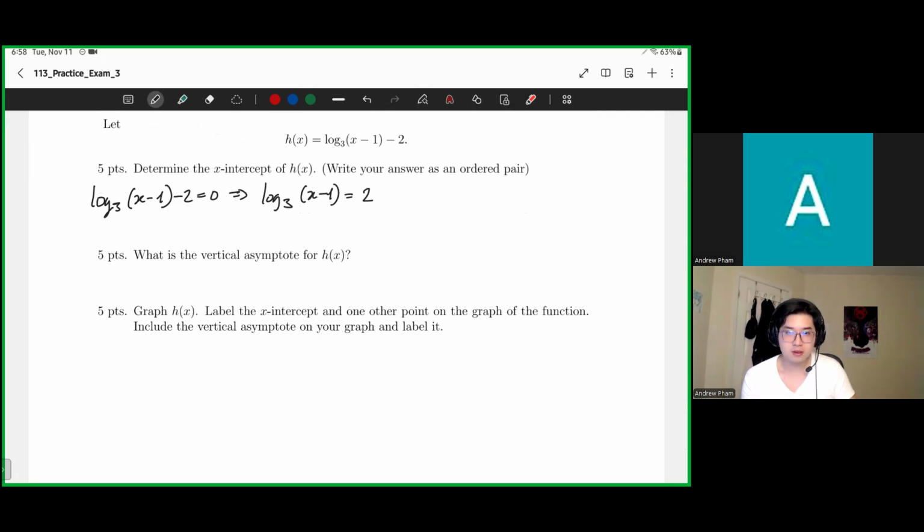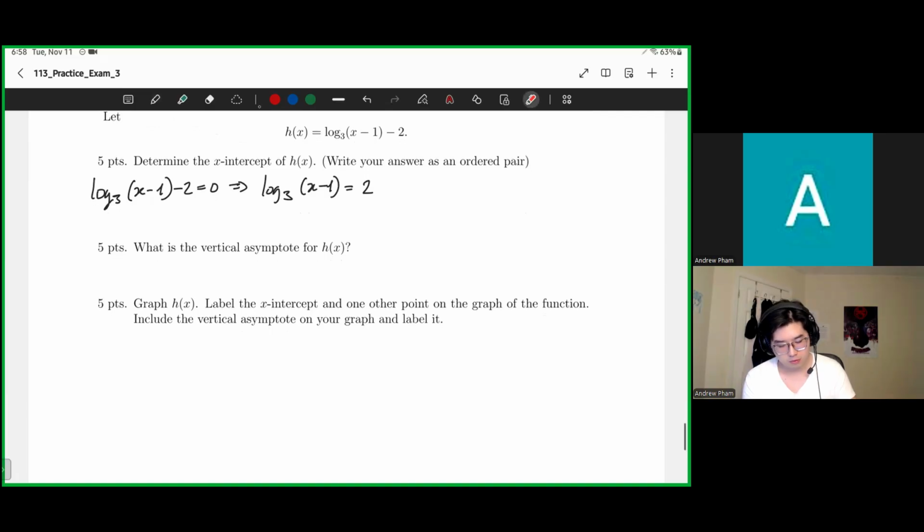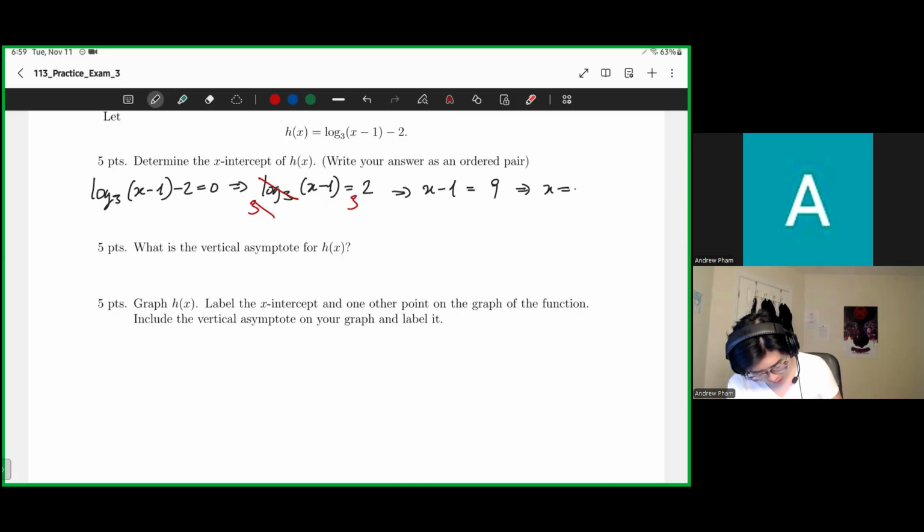And in order to undo the log base 3, you raise both sides to a base of 3. So by your inverse rule, the left-hand side cancels, leaving just the argument. And the right-hand side, you get 3 squared, which is 9. So x is equal to 10. So 10, 0 is my intercept.